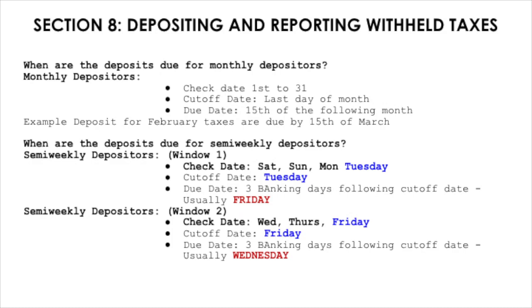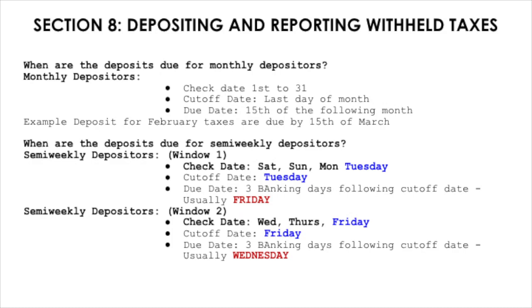Now let's have a look at when the deposits are due for monthly and semi-weekly depositors. Monthly depositors must deposit their accumulated tax liability for each calendar month by the 15th of the following month.